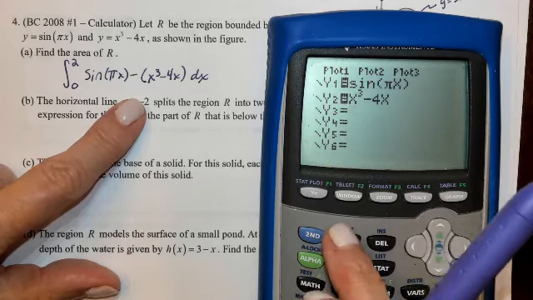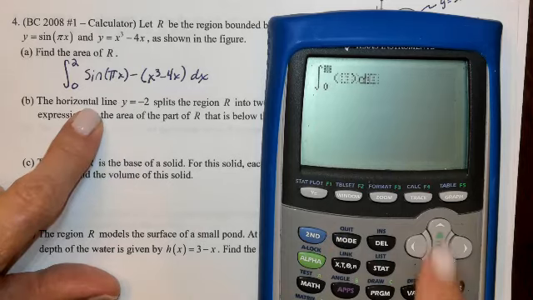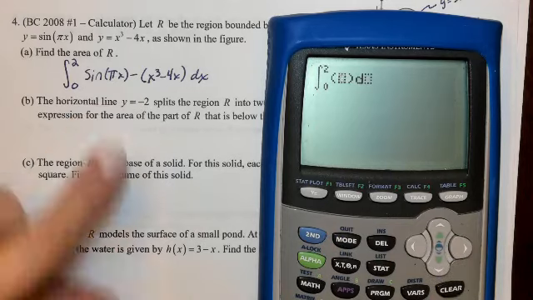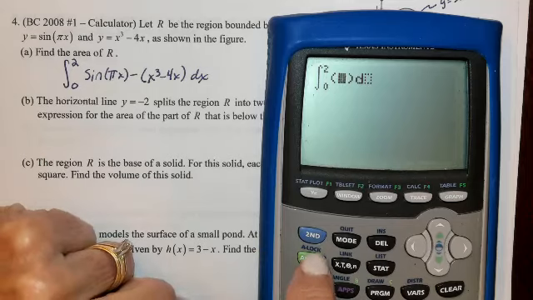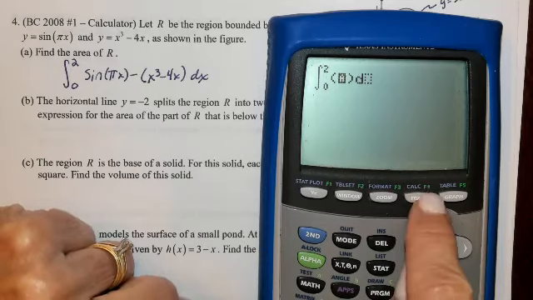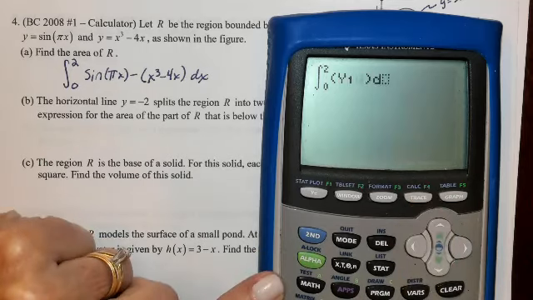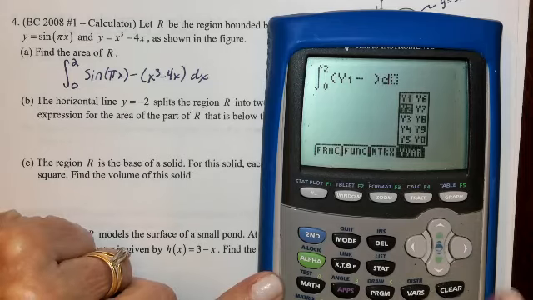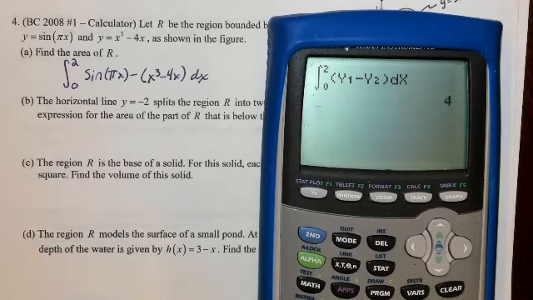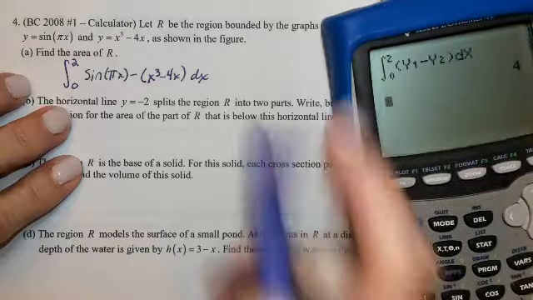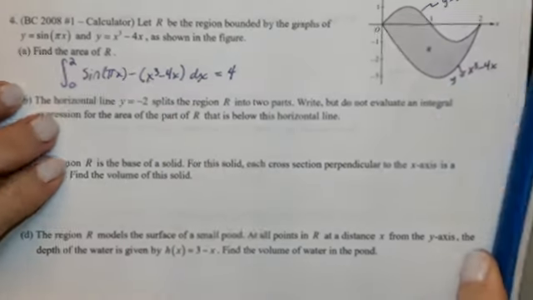Then I go to my home screen, Math 9, 0 to 2, and y1, remember the easiest way to get to all of our y's is alpha f4. There's y1 minus y2 with respect to x, and we get a nice neat little 4. So that area is 4 square units.